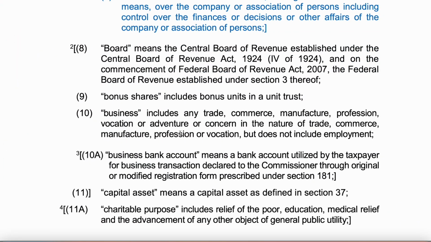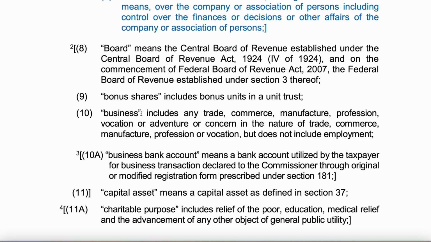So this is the Income Tax Ordinance 2001, and here in section 2 clause 10 it says that business includes. Now this means that all the general definitions given in any standard dictionary will apply to the word business here in the Income Tax Ordinance, meaning business is done for profit, business means an organized activity.